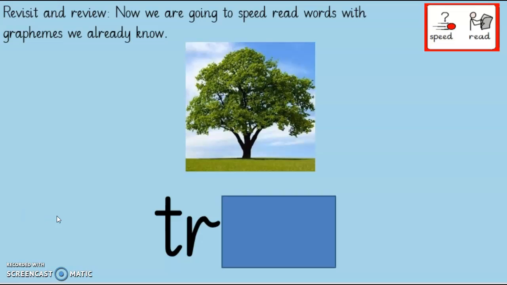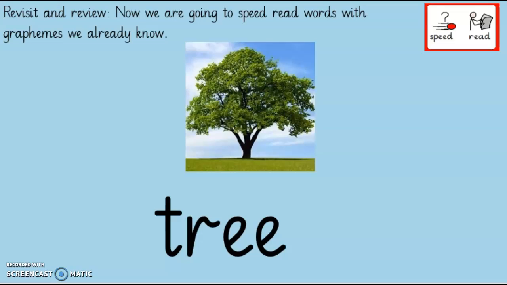Did you find out what the missing sound might be? T, R, E. Well done. It was a sound E. Let's have a go at reading the word. T, R, E. Tree. We've got our E digraph at the end.